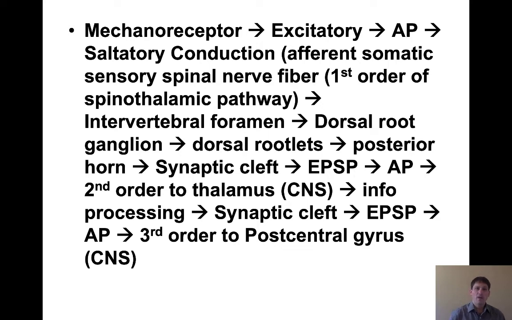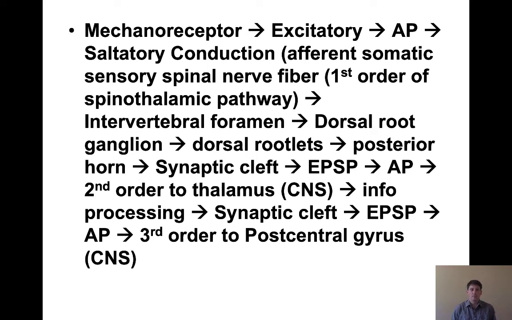There we have a synaptic cleft where neurotransmitters are released that, if a large enough signal, are going to stimulate an EPSP. That EPSP is going to then fire another action potential in our second order neuron of our central nervous system. It's going to lead up our spinal cord back to our thalamus.